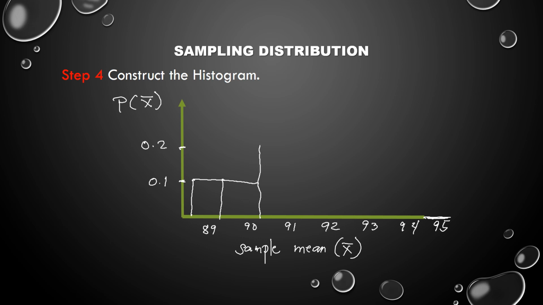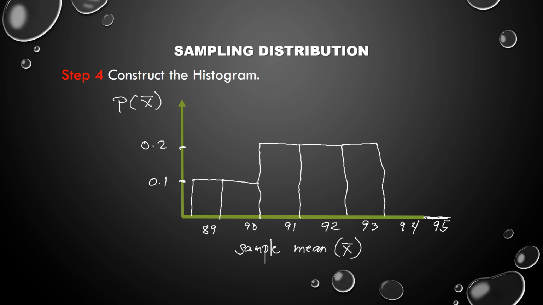So again, I can draw another rectangle here for my 91. And then next one, we have our 92 with the probability of 0.2 again. So I can just draw it like this. Next, we have our 93 with 0.2 as the probability a while ago. We have it like this as well.